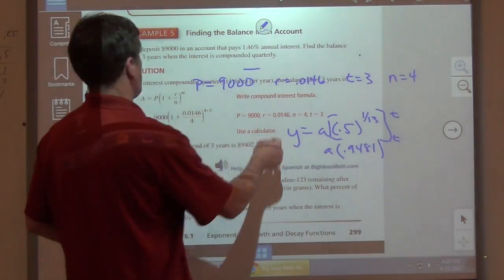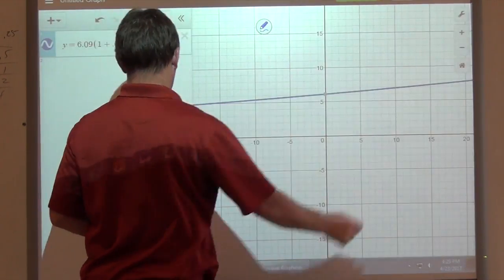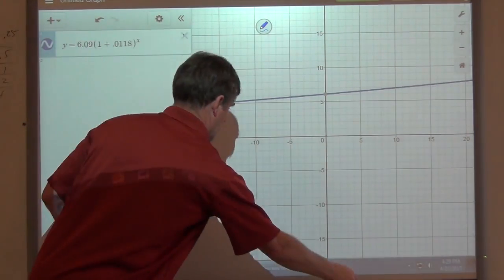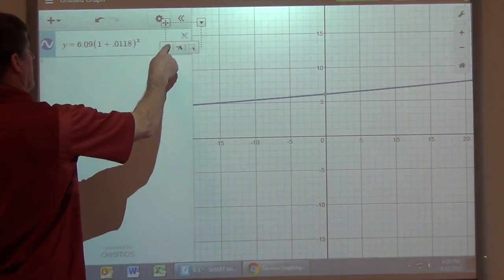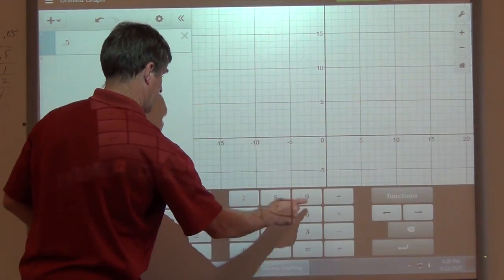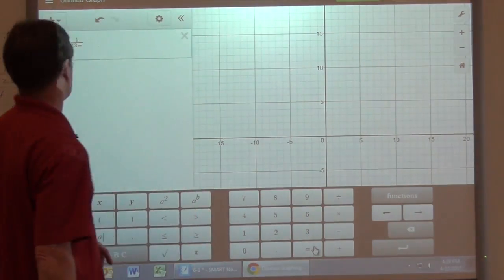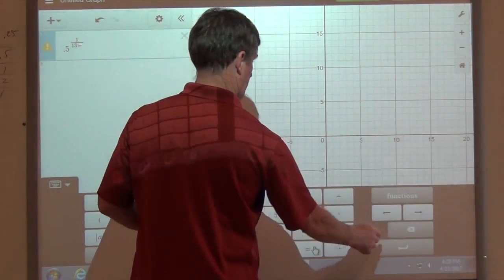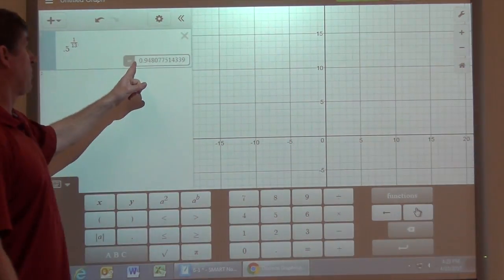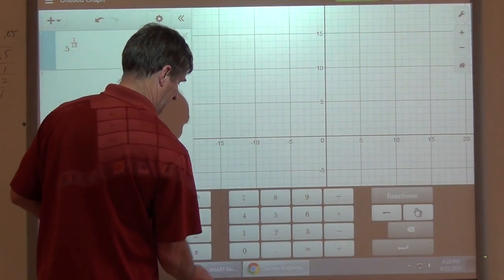So again, if you're doing it on the Desmos, I'm just doing 0.5 to the 1/13th power. So you get that 0.9481. Okay? So we've got that 0.9481.